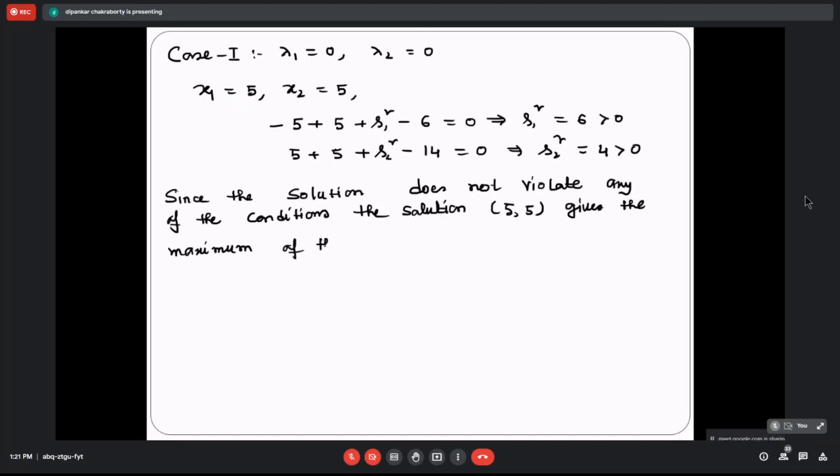Maximum of the objective function actually, of f(x), or f of x1, x2.